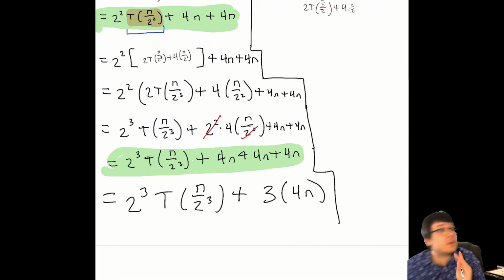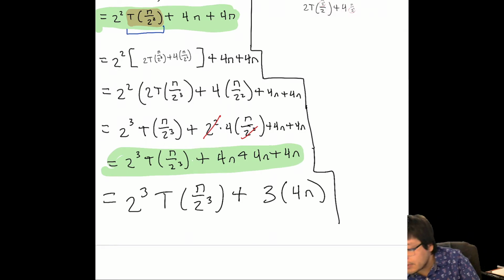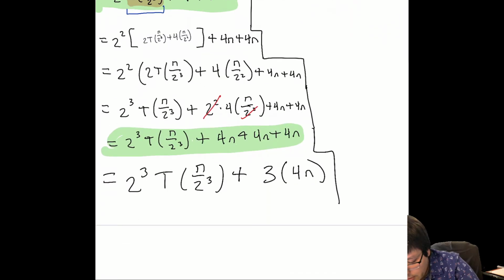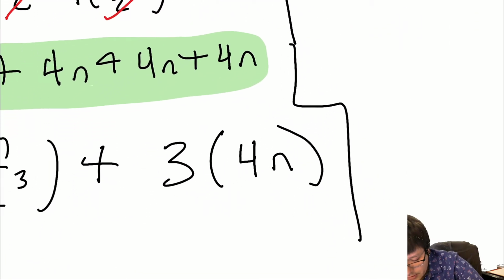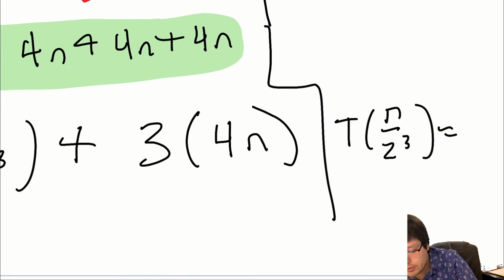Just to show you one more step, you already have it there, indeed, what we're going to get to. The next step, and I'm not going to fully do it, but I'll show you what it would have been, is you would have figured out what T(n/2 cubed) would be equal to.